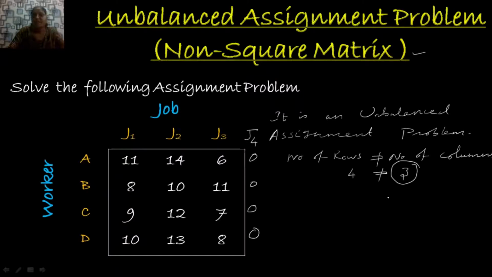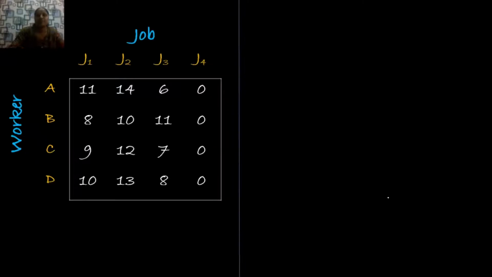Now, after introducing the dummy column, we get a cost matrix like this. It is a 4 by 4 matrix because here the number of rows is equal to number of columns. So we make use of the Hungarian algorithm now.